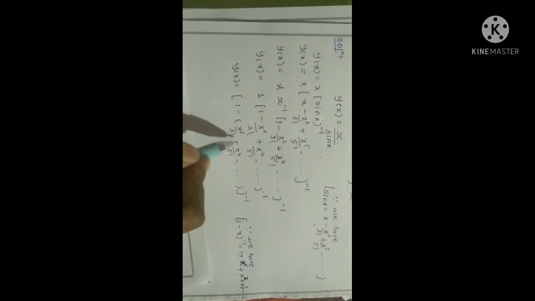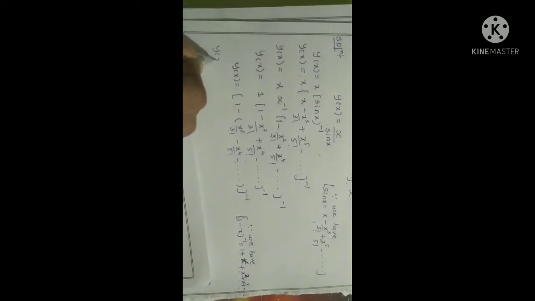Now this term is in the form of 1 minus x whole to the power of minus 1. Consider x square by 3 factorial minus x to the power of 4 by 5 factorial as x. So now apply the formula of 1 minus x whole to the power of minus 1.